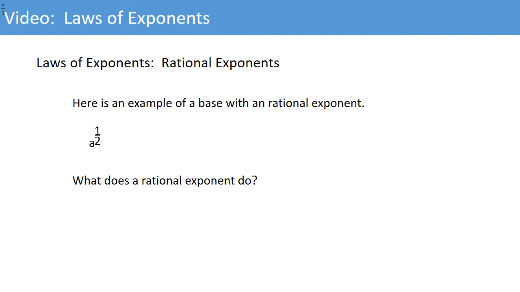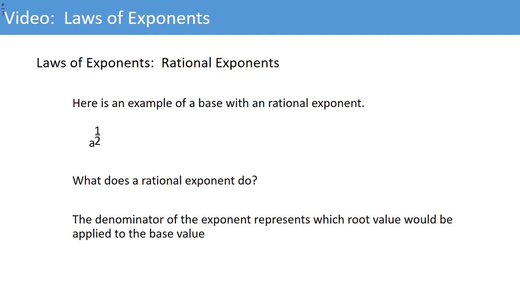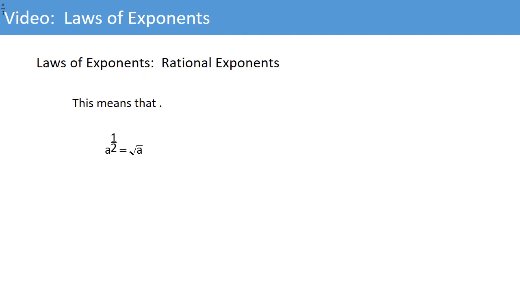But what does a rational exponent do to the base? The denominator of the exponent represents which root value would be applied to the base value. What do I mean by that? This means that a to the exponent 1/2 is the same as writing the square root of a.